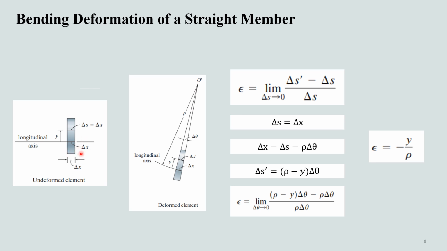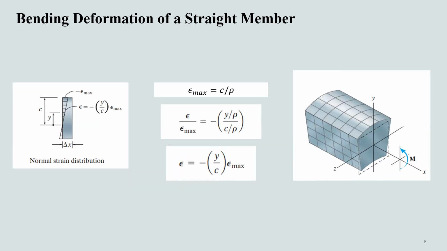This variation in strain over the cross section is a representation of the basic bending formula that we'll derive in upcoming slides. Here we can see in this figure that the strain varies from the neutral axis. It is in compression above the neutral axis while the section is in tension below the neutral axis.